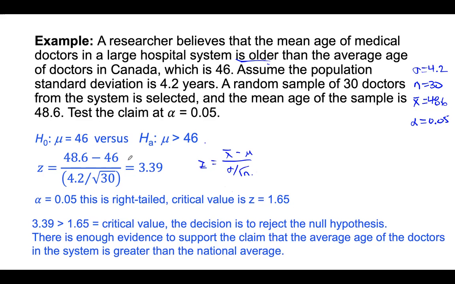Now, is this a left tailed or right tailed test? Well, we draw a little picture. Because it's right tailed, it's greater than, so it's on this side somewhere, and our null here is 46.